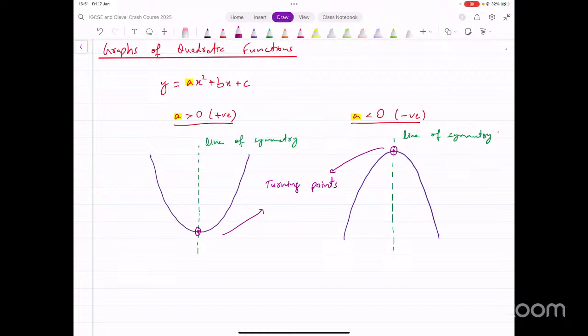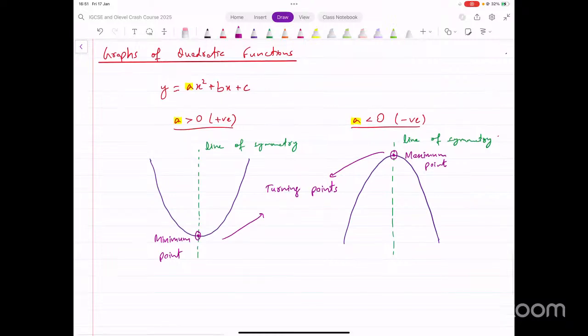Now, in the first case, we can also say this is a minimum point. And in the second case, we can also say it's a maximum point. But both of these together are known as turning points. These are important points on the graphs of these functions. We'll talk about these as well, how to find these turning points.